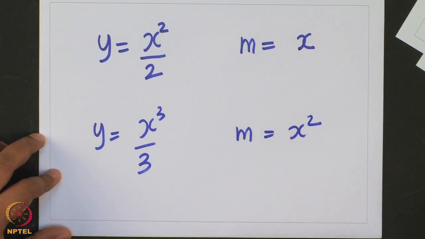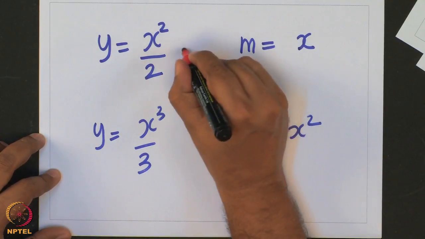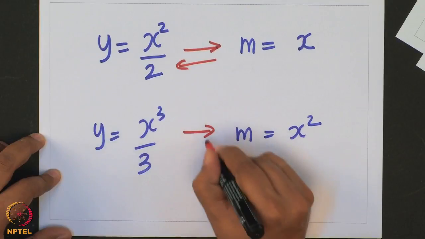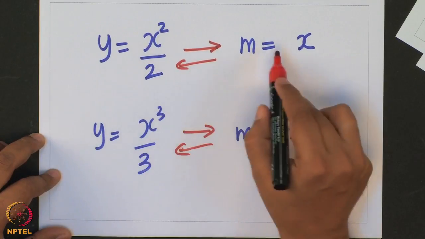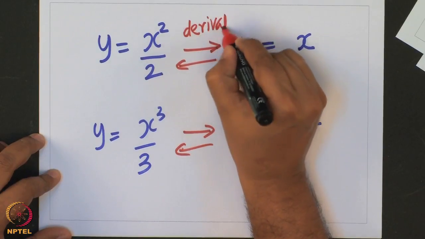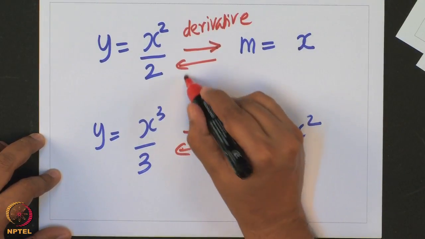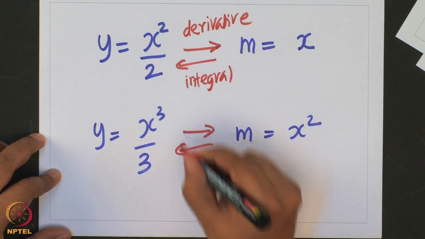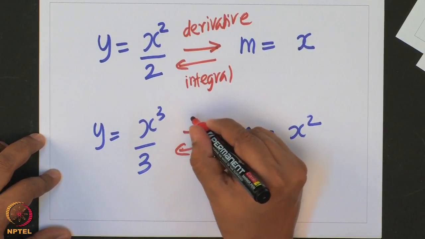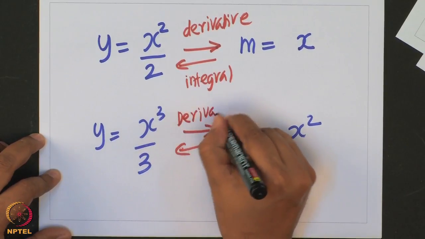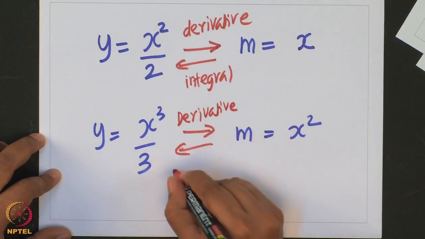So this is something that we saw, that is, we can put arrows like this. Here to here, this way, we are finding the derivative, and here this is integral. Here we are finding the derivative, and this way it is integral.